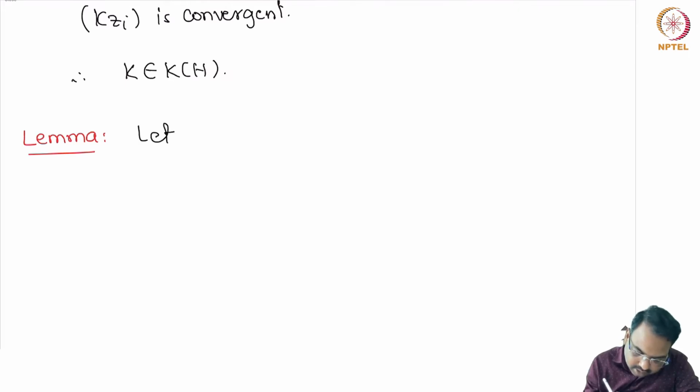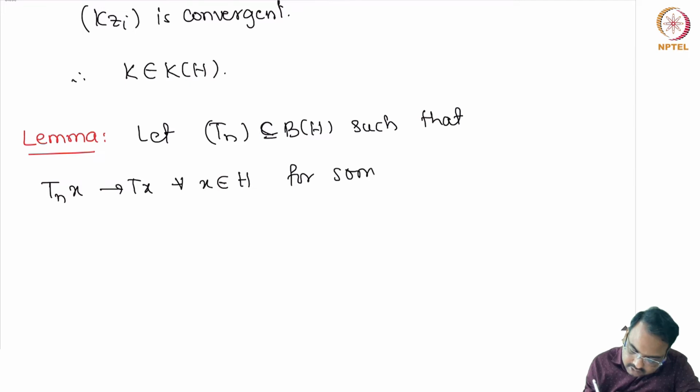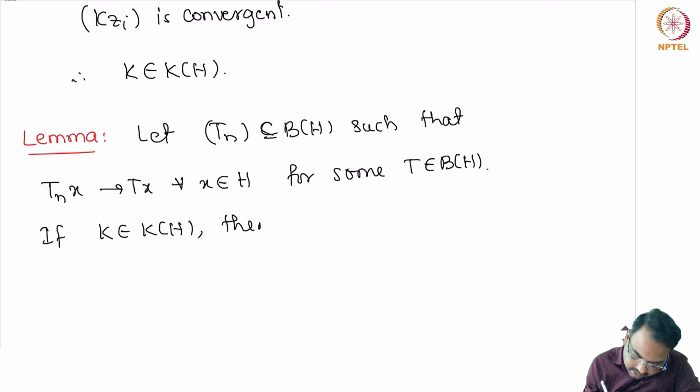Let Tn be a sequence of bounded operators such that Tnx converges to Tx for every x in H, for some bounded operator T. If K is compact, then we can say that TnK converges to TK in the operator norm.